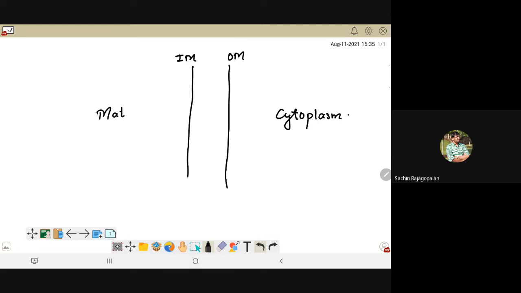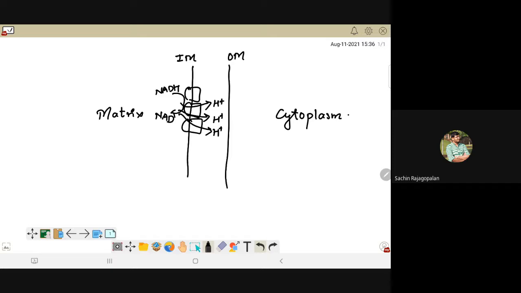And this is going to be the matrix. Now your ETC complex is ideally localized on the inner membrane of mitochondria. And when you are converting NADH to NAD in this process, you are going to channelize some protons out.